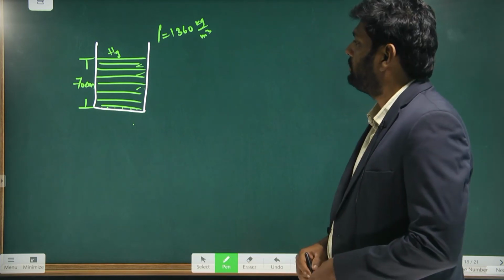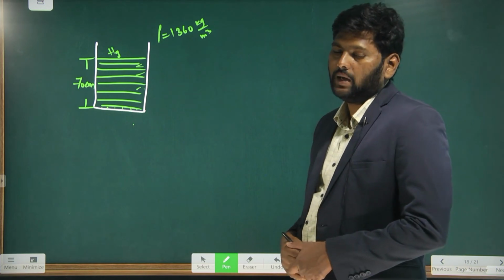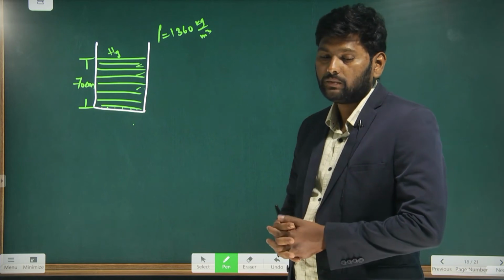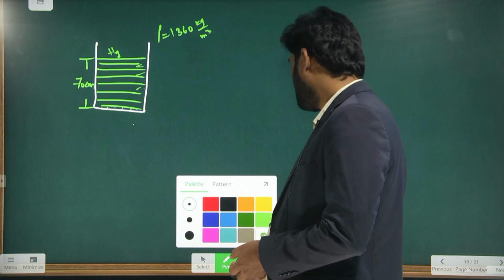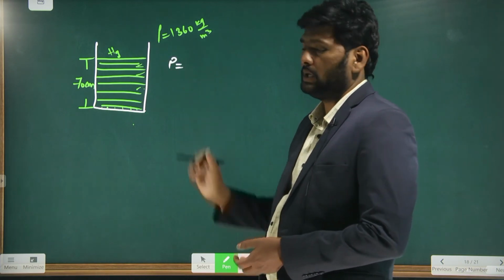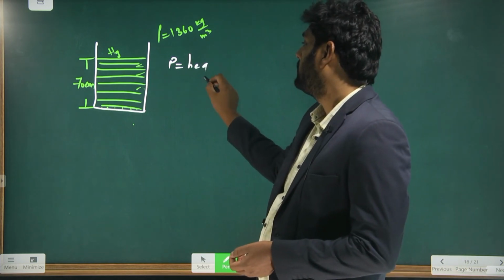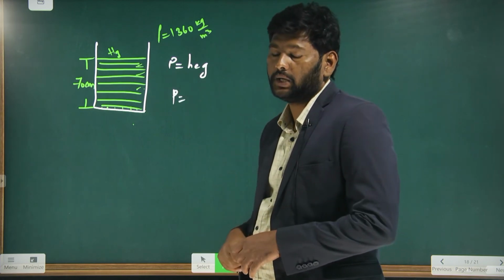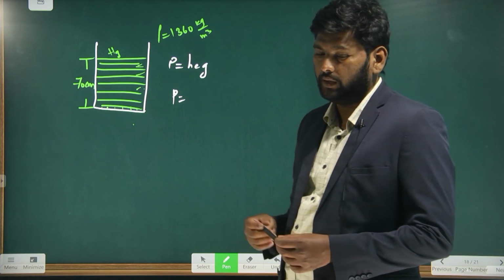Now I am asking to find the pressure exerted by this mercury on the bottom surface area of the container. What is the formula here? Pressure exerted by the liquid is equal to H rho G. The depth value is the liquid depth or height value.